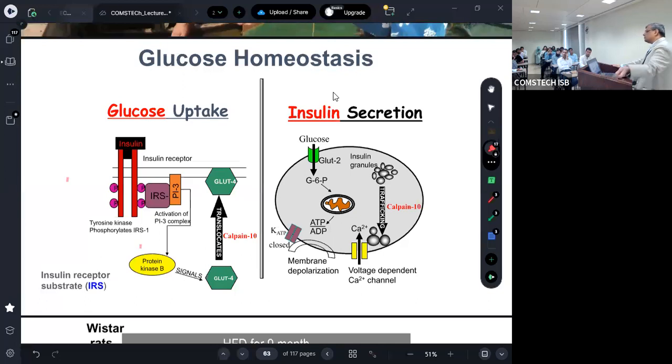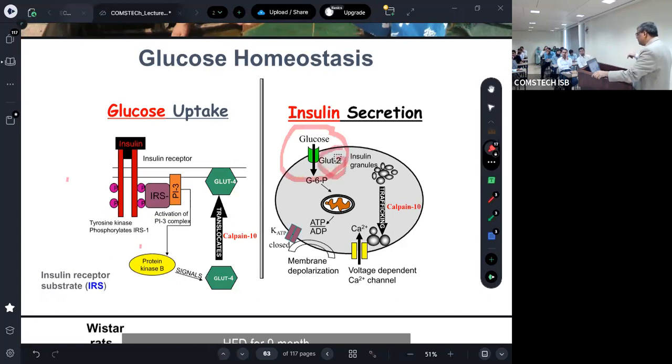Once you take food, the glucose molecule enters the beta cell by GLUT2.